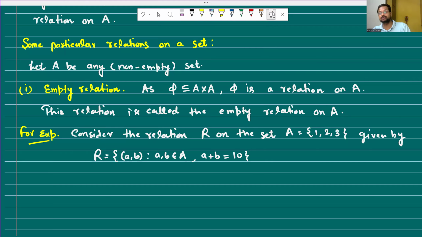Meaning the sum of two numbers from the set is 10, but here you can see there is no pair in A whose sum is 10.